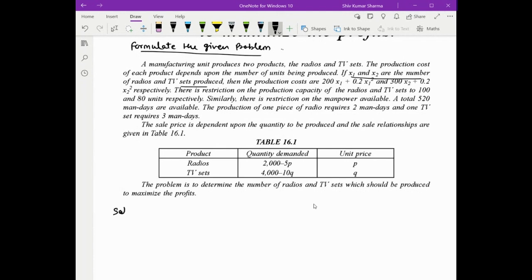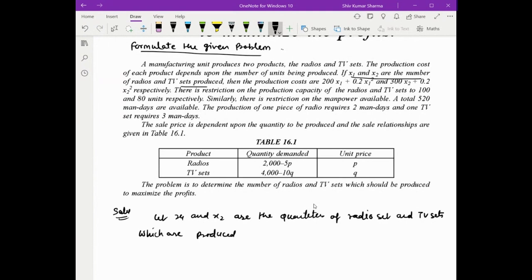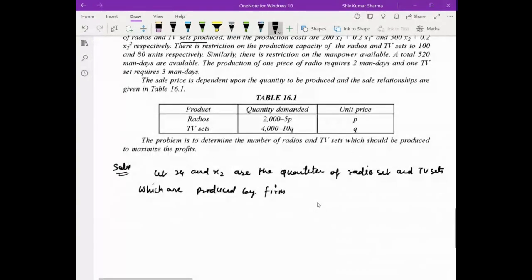So we write: let x1 and x2 be the quantities of radio sets and TV sets which are produced by the firm. The firm produces two types of products, that means x1 and x2.